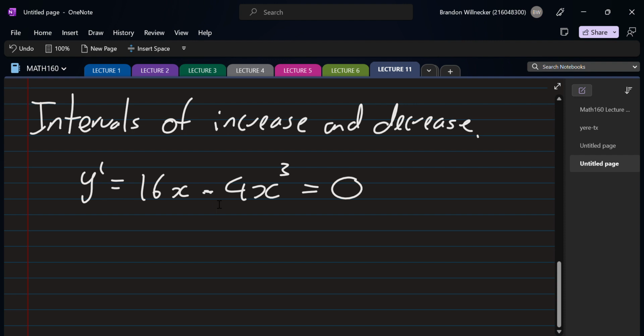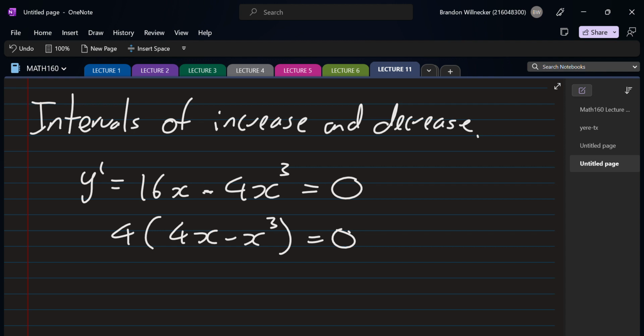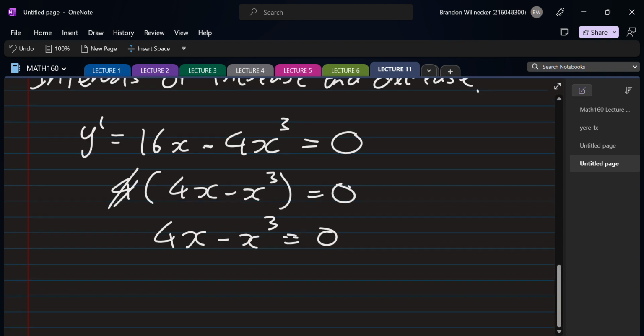So we can take out a 4. We're left with 4x minus x cubed is equal to 0. Now we've got the 4 there, we can just cancel it because the right-hand side is 0. So we're left with 4x minus x cubed is equal to 0, and this is a bit easier to work with. Looking at each term, we've got an x for the first one and an x for the second one, so we can factor out an x.